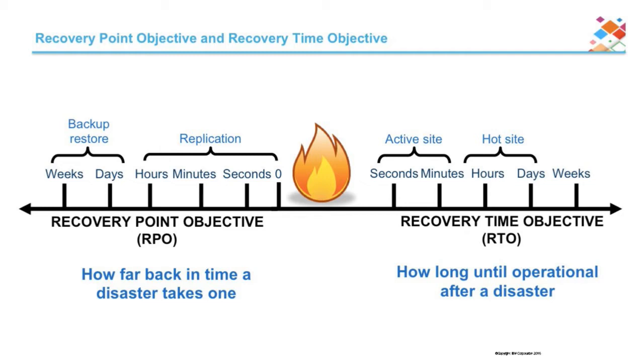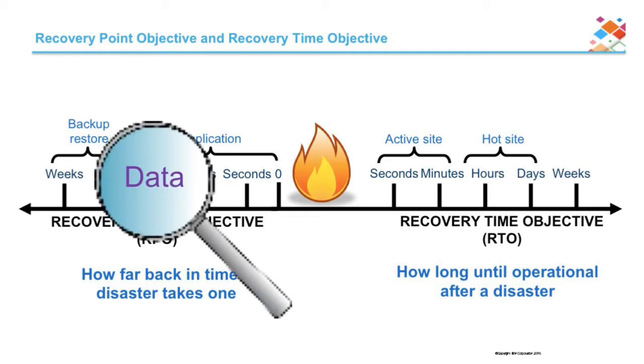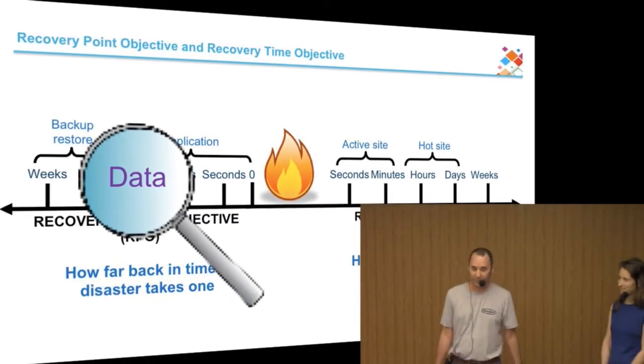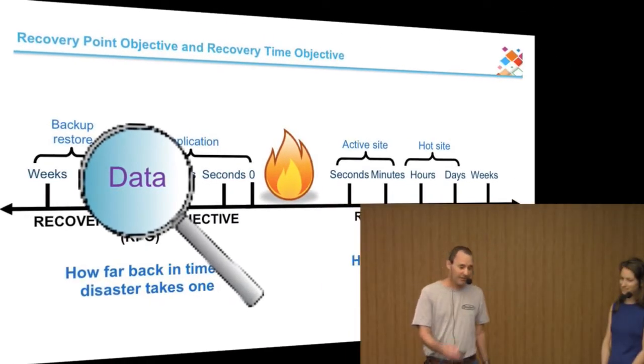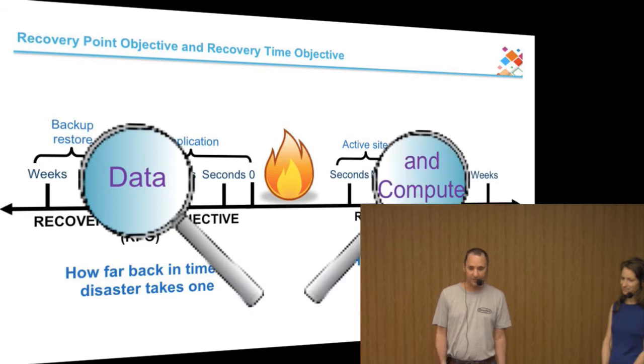And if you need to buy equipment, well, good luck. So again, just to summarize this, we have the RPO, which describes the amount of data that is lost. And we have the RTO, which describes the time it takes to get things working again.